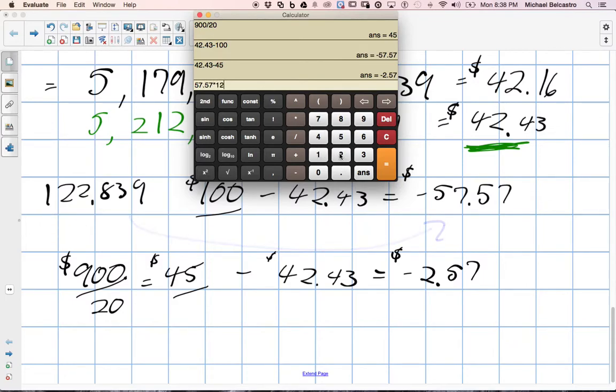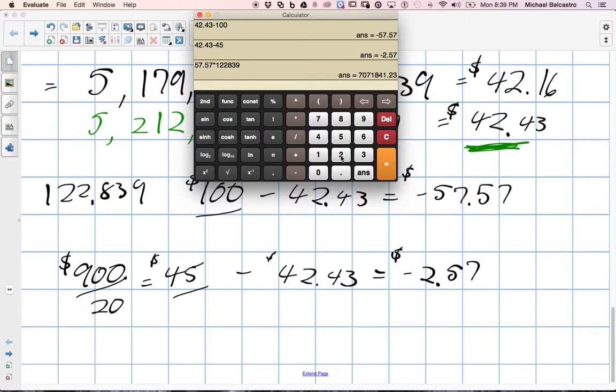57.57 times 122,839. They should make, oh my, 7 million. 7 million at the highest. And not all tickets will go at that amount, right? And at the absolute lowest, and again, they all didn't go at this amount because I bought one at 100, so there's definitely less.